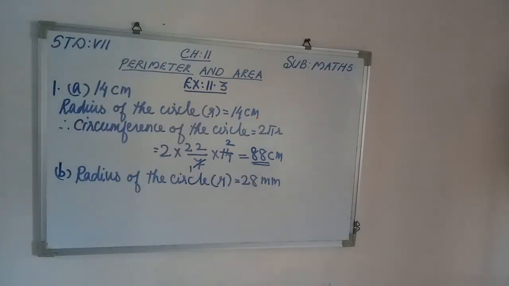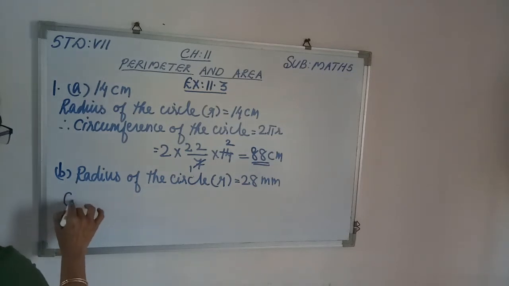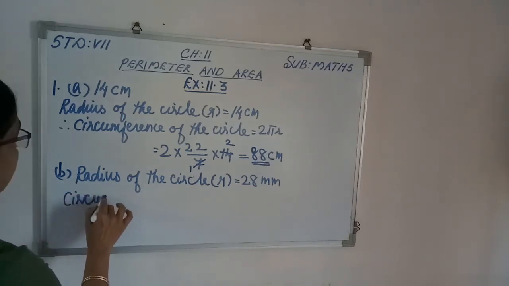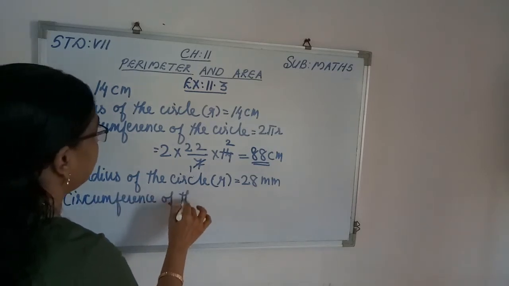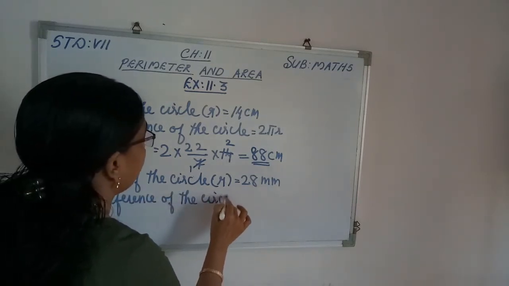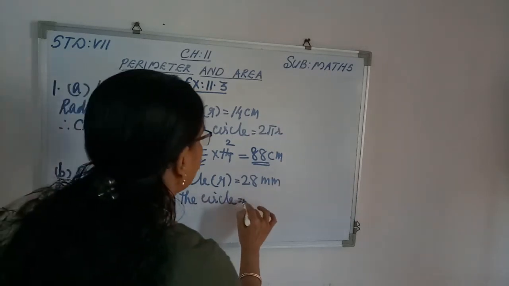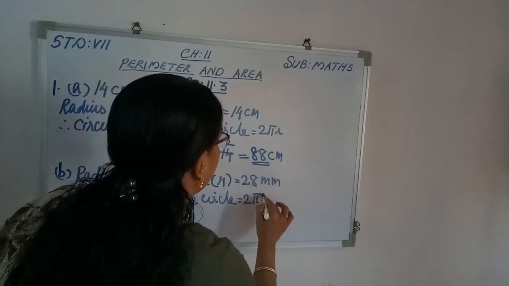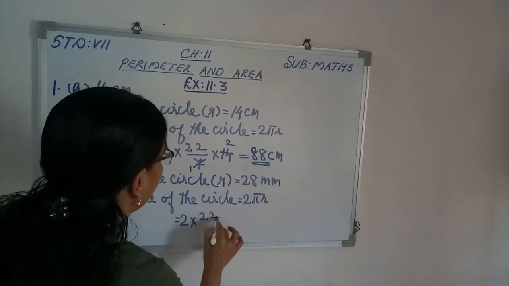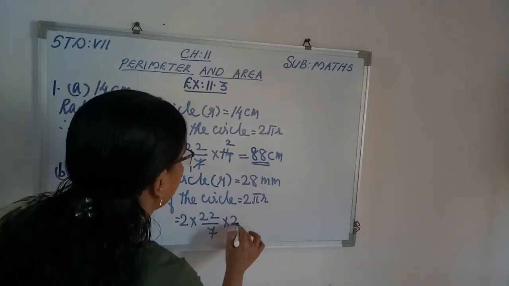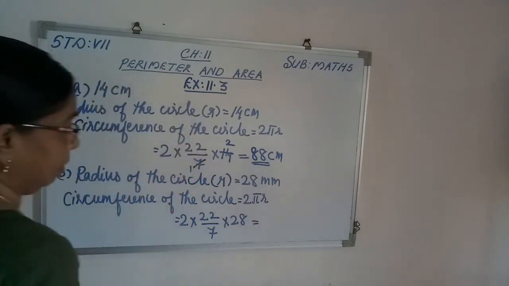Now, circumference of the circle. What's the formula? 2 pi r. 2 pi r, that's equal to 2 into 22 upon 7 multiplied by 28 millimeter.